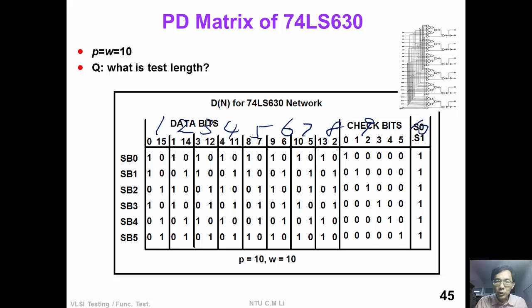In each partition, there is at most one 1 in each row. To test this circuit exhaustively, we would need 10 test signals. When we apply IOV test, what is the minimum test length? The answer is 2 to the power of P, which is 2 to the power of 10.